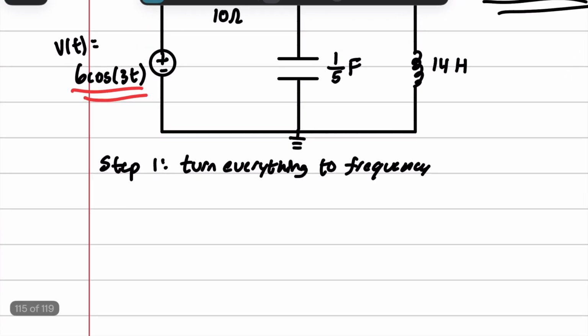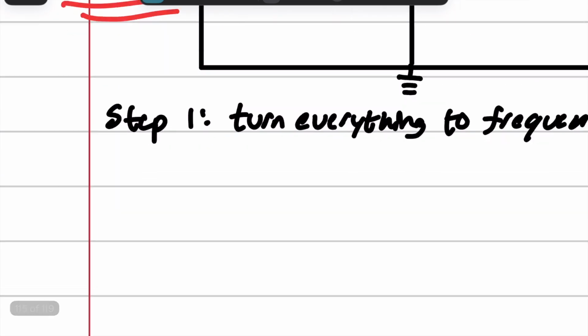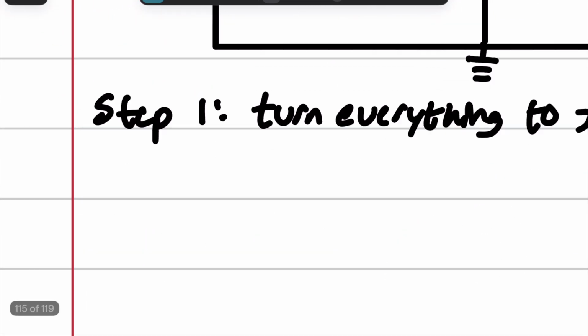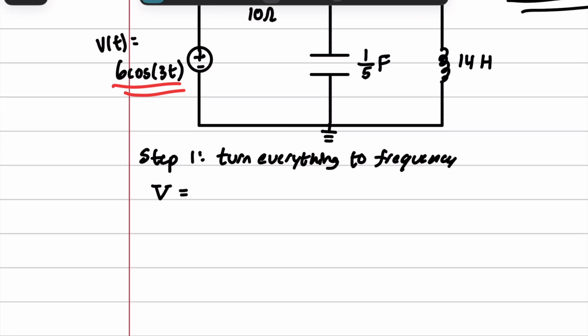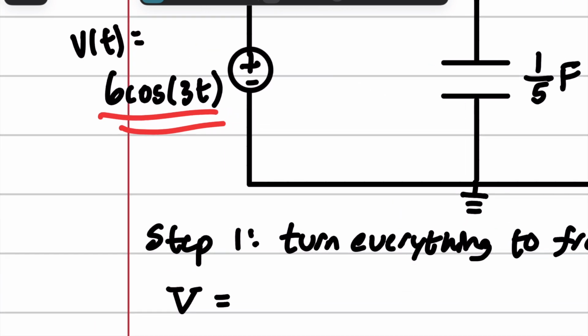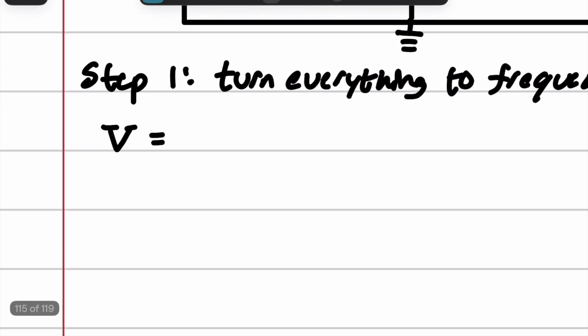Basically, the first thing we're going to do is turn the voltage into the frequency domain. I like to write my voltage as V like this so that I can tell that this voltage is in the frequency domain. We're going to turn this into the polar form, which, if you remember, is A e to the j phi.